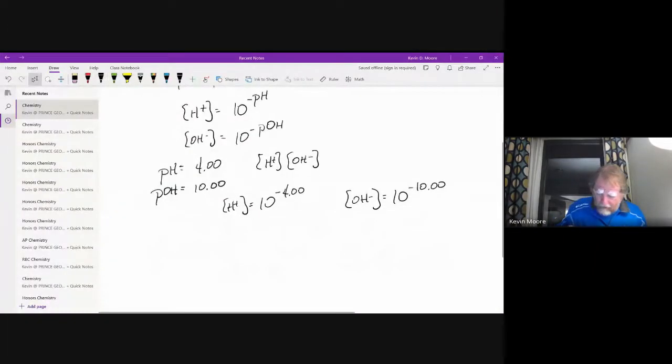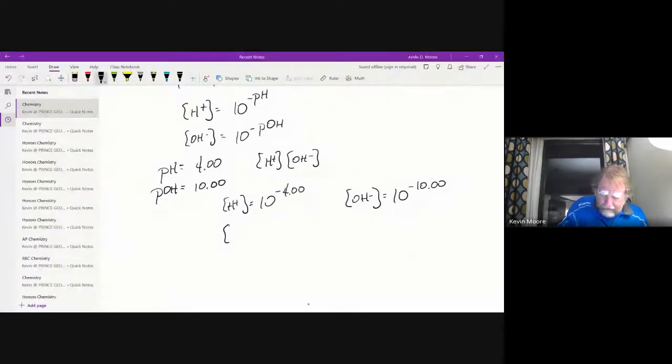So now we know that the hydrogen ion concentration equals 1.0 times 10 to the minus 4, or the answer that came up on there is 0.0010. And then this one is going to be equal to 1.0 times 10 to the minus 10.